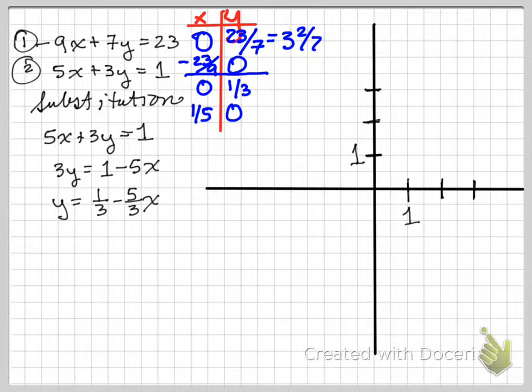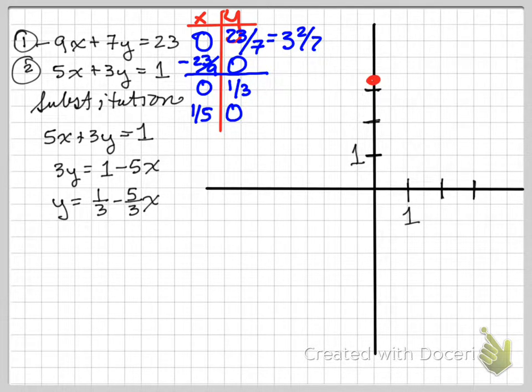All right, so the first point that I'm going to look at here, x is 0 and y is 3 and 2/7. So let's go 0 and then 3 and 2/7. There'd be 1, 2, 3, and then a half would be there. And I'm not quite up to a half with 2/7, right? So it's going to be in between there.